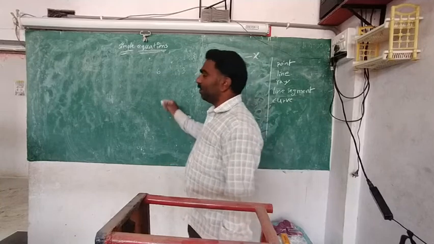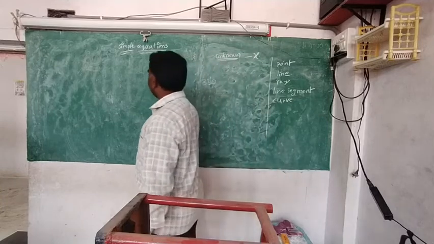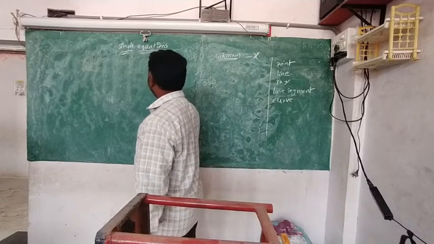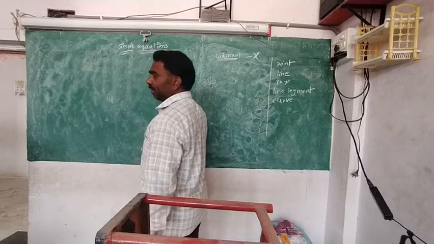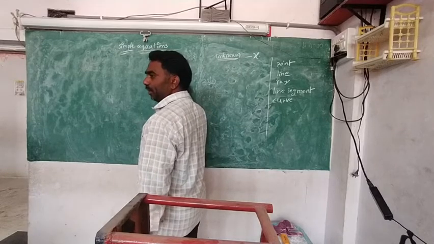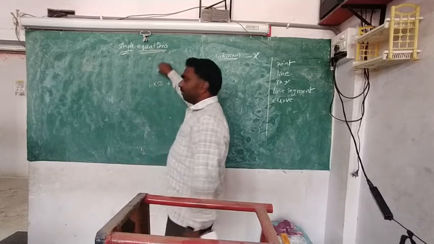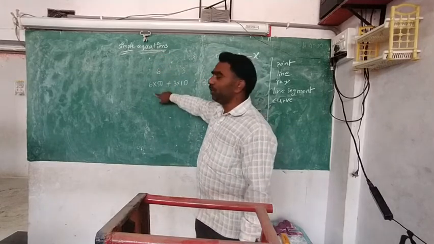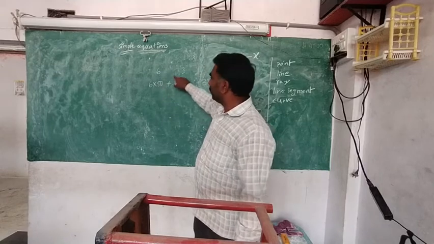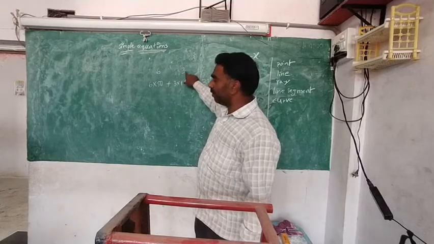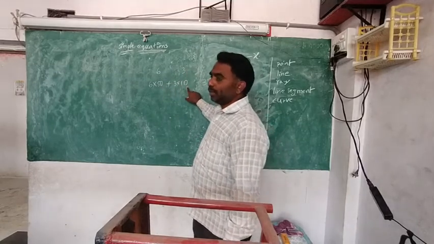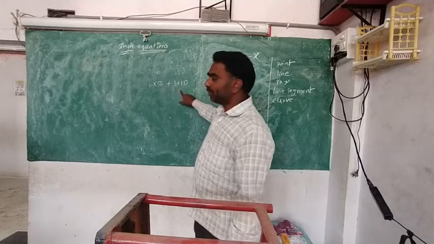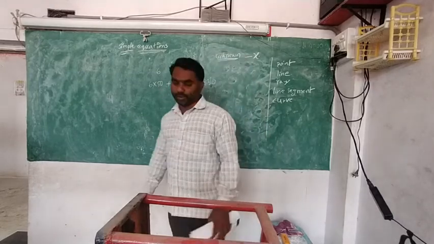Tell me what you have done. 6 into 50 plus 3 into 10. Because 6 notes of 50 rupees are there, that's why 6 into 50 is 300. 3 notes of 10 rupees are there, that's why 3 into 10 is 30. So 300 plus 30 becomes 330.